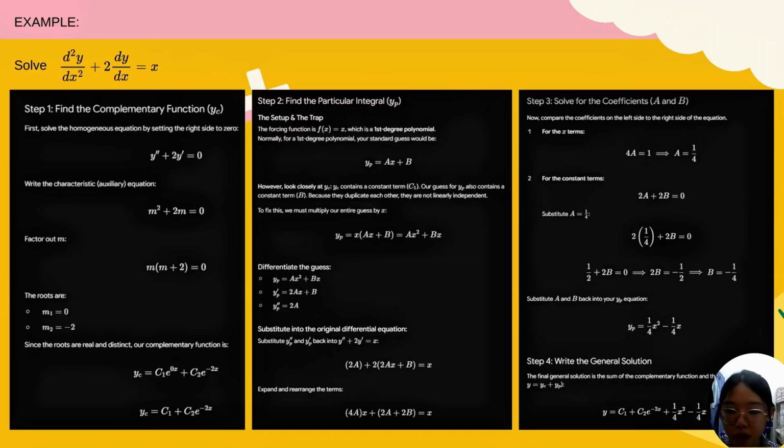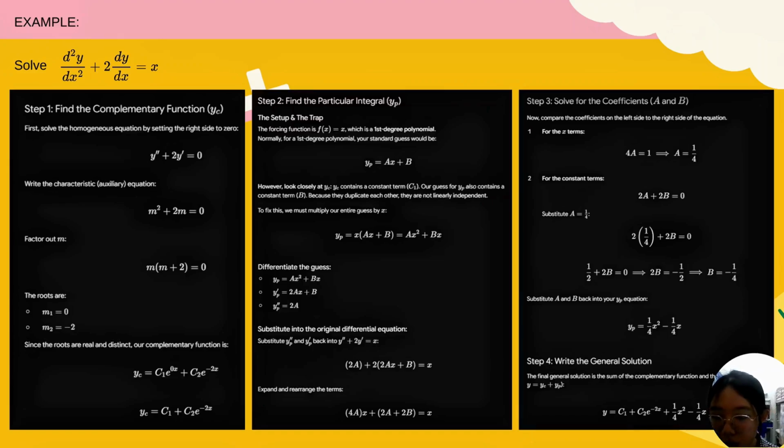Step 2 is find a particular integral. The function f of x equals x, which is a first degree polynomial. Normally for a first degree polynomial, your standard guess would be ax plus b. However, look closely at the complementary function.